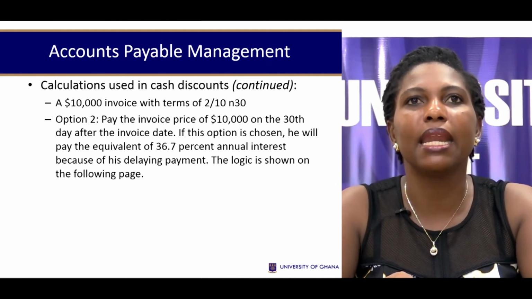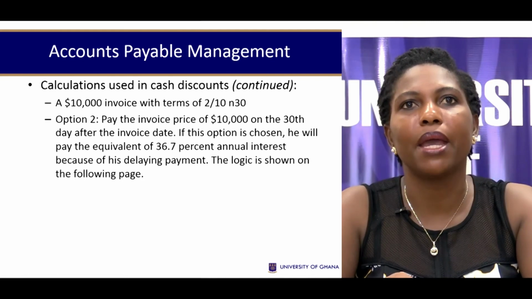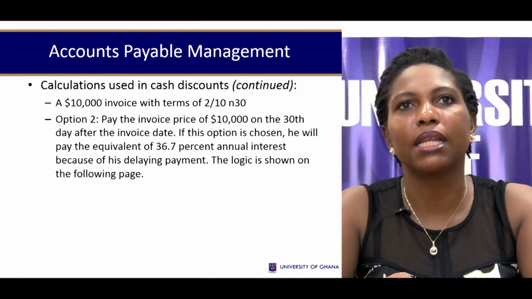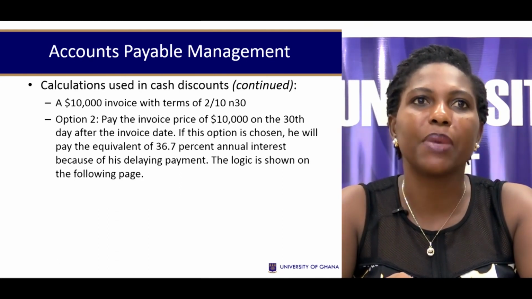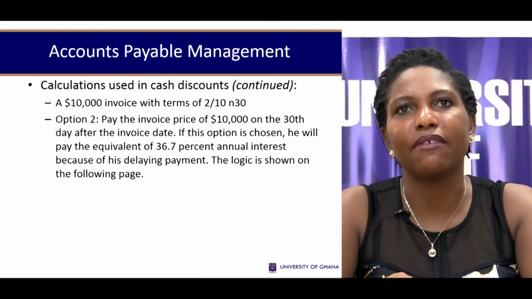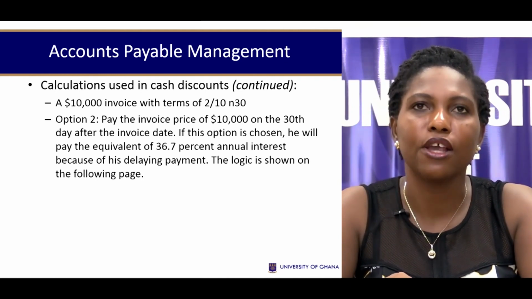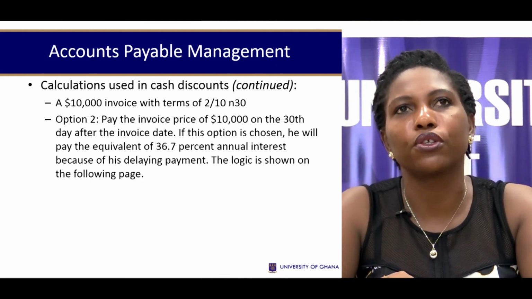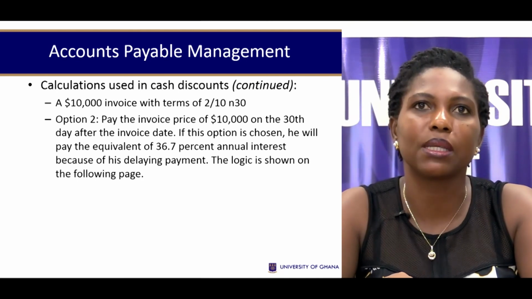If not, by delaying payments to the supplier and therefore losing the discount available, you intrinsically pay 36.7% more than you were due to pay if the discount had been taken. So that is relevant in making decisions on whether or not to take up a discount offer from your supplier.